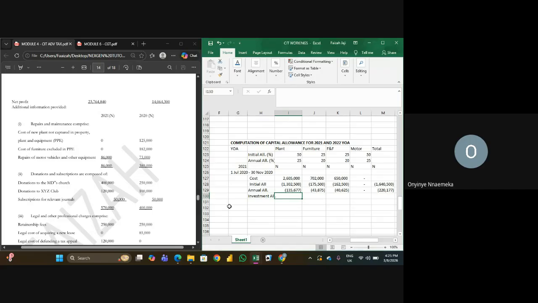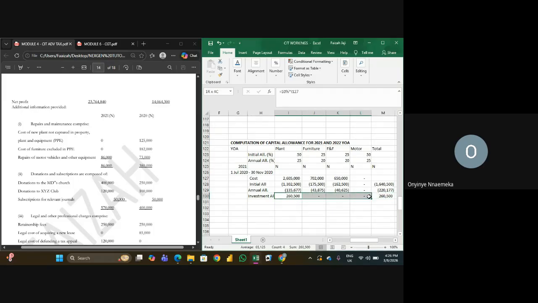Okay, so now investment allowance. How many percent is investment allowance? 10% of the cost. Remember that when we are doing investment allowance, we are not going to consider it when computing our tax written down value.